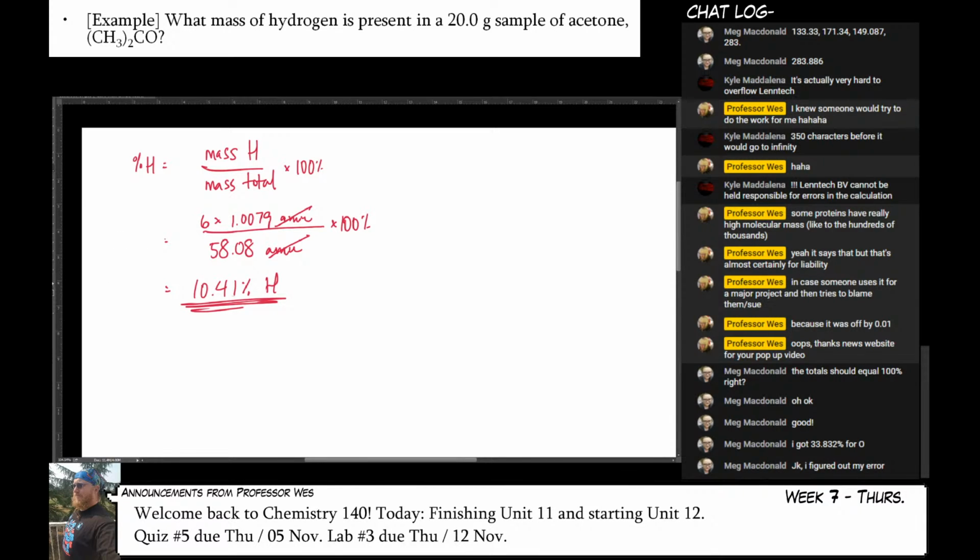Now, I'm going to grab a different color here, and I'm going to write this expression in a different way. So this expression has the same meaning as if I said that in 100 grams of acetone, there would be 10.41 grams of hydrogen, right? Because that's how percentages work. It's out of 100, yeah?